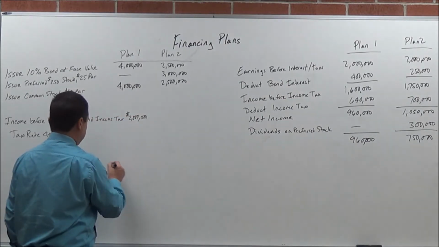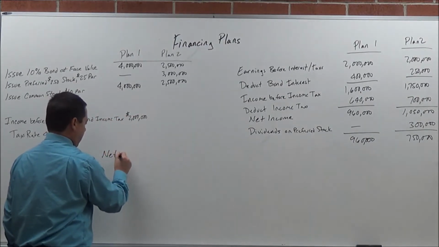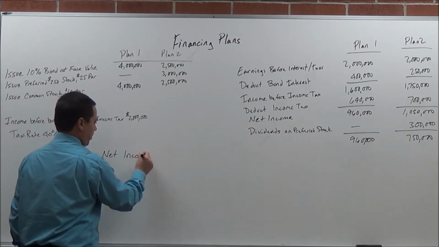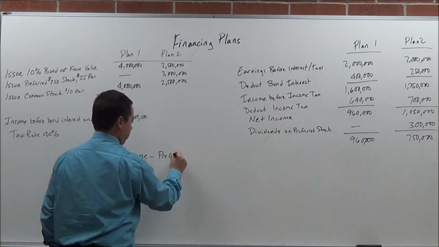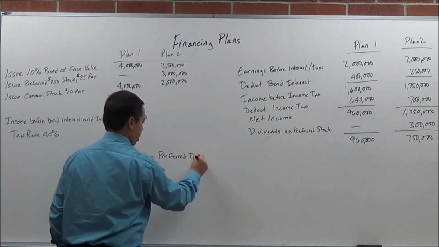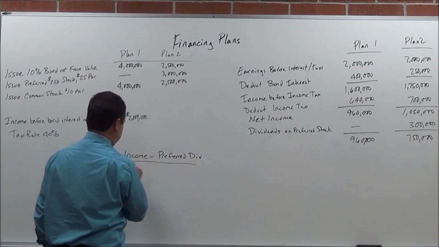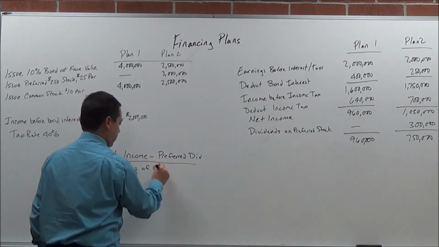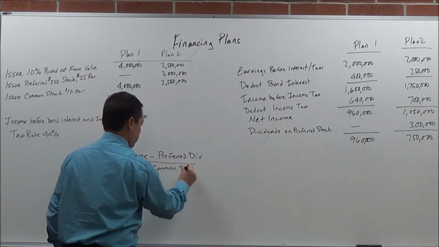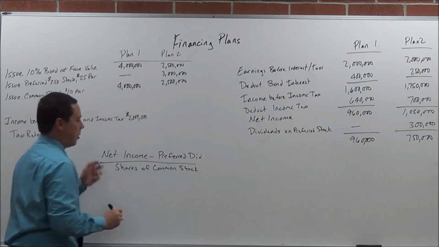Remember that it's net income minus preferred dividends over shares of common stock. So remember that.